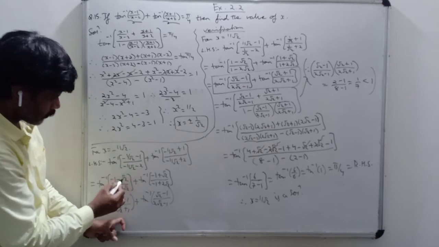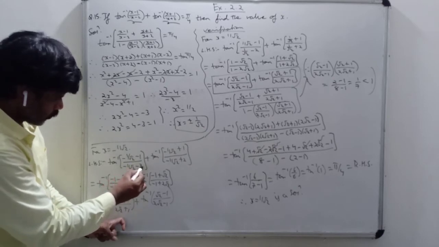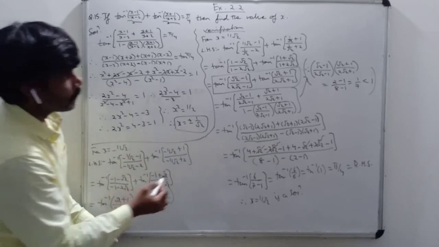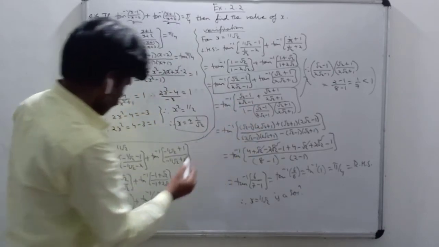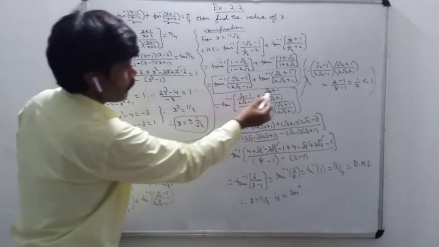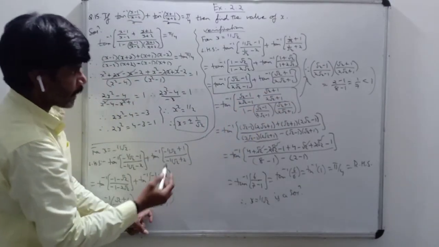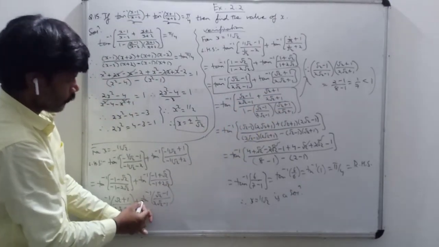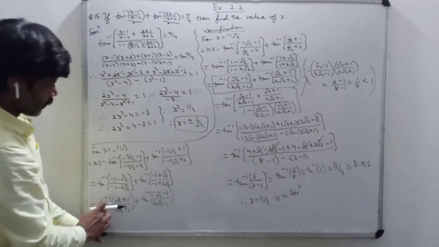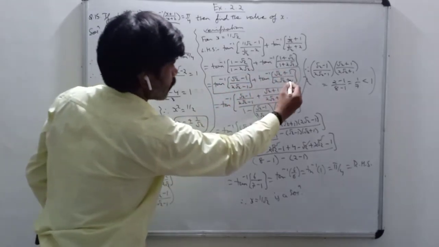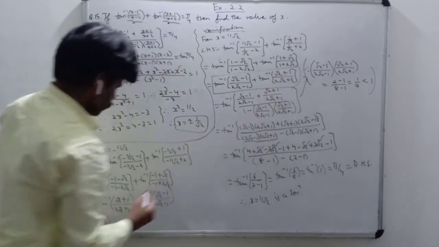Here I thought I made a silly mistake, but it is correct only, 2 root 2 plus 1. So again I am checking, tan inverse of root 2 minus 1 upon 2 root 2 minus 1 plus tan inverse of root 2 plus 1 upon 2 root 2 plus 1. Yes, it is correct only.